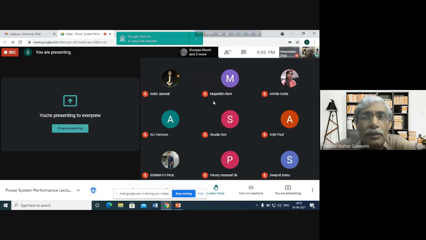Now, corona means basically what will happen in corona? Basically, when the potential gradient at the surface of the conductor crosses a certain limit, that means crosses the breakdown strength of air, then the air surrounding the conductor is ionized.